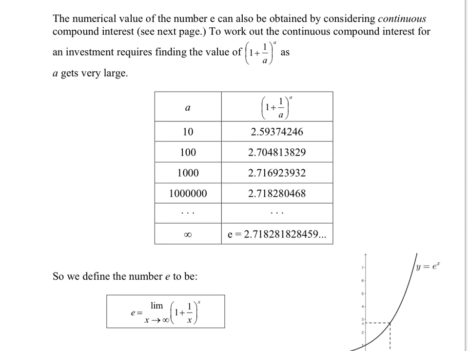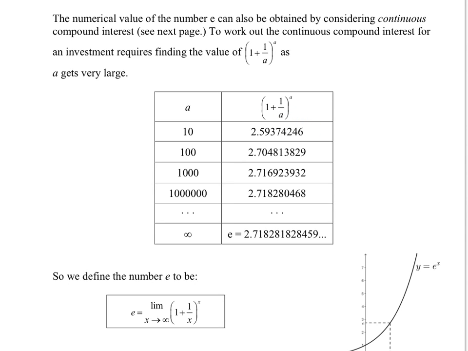If we studied that in a little bit more detail, you'd find that an alternative definition of e is whatever (1 plus 1 over a) all to the power of a becomes as a gets really, really large. You can see this table here. If you plug a equals 10 into this, we get 1 plus 1 over 10 to the power of 10. It gives us this value.